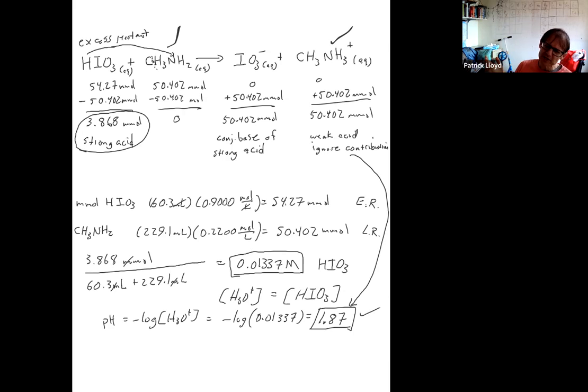Remember, what do you have when you have a weak acid and its conjugate base, or a weak base and its conjugate acid? You have a buffer, and we use the Henderson-Hasselbalch equation to calculate the pH. So keep in mind that finding the excess HIO3, and then that being a strong acid, you calculate the pH from that. That's an artifact of the HIO3 being the excess reactant.